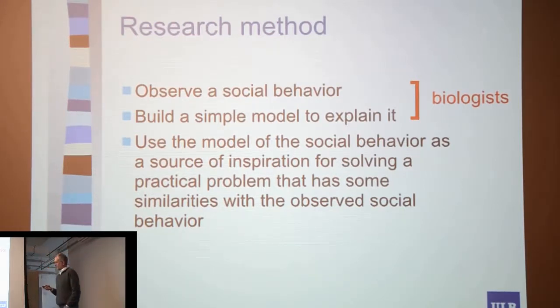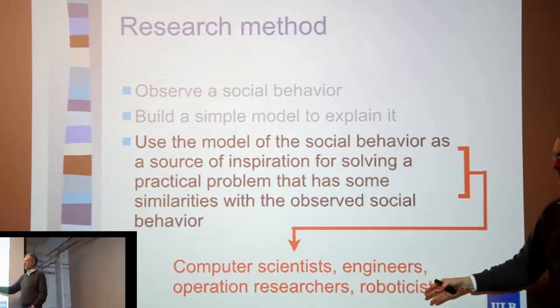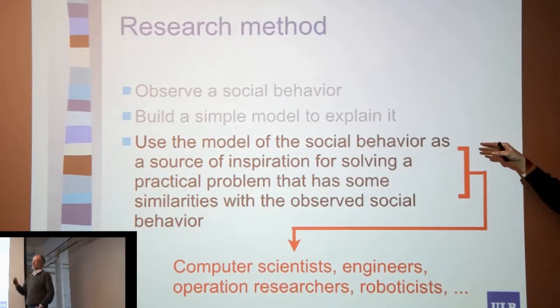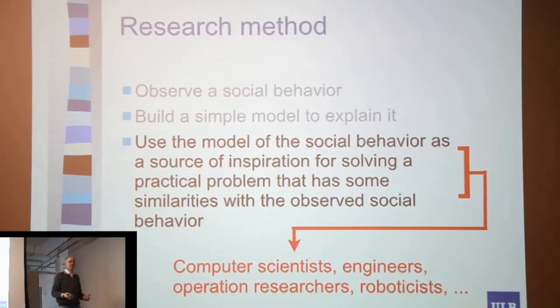Then there are other researchers, typically computer scientists, engineers, roboticists, researchers in operations research, that use a model of the social behavior as a source of inspiration for solving some real-world, practical problems that have some analogies, some similarities with the behavior that is observed in the natural system.